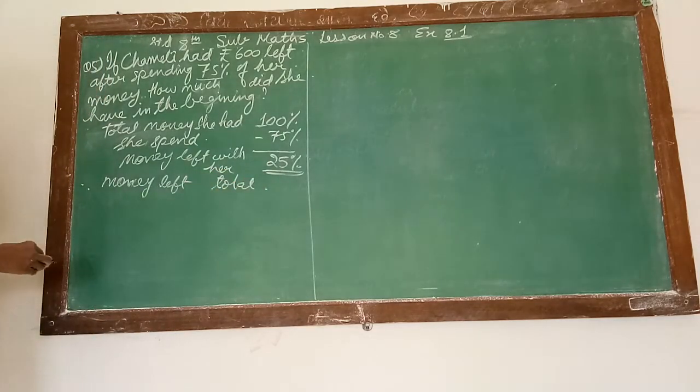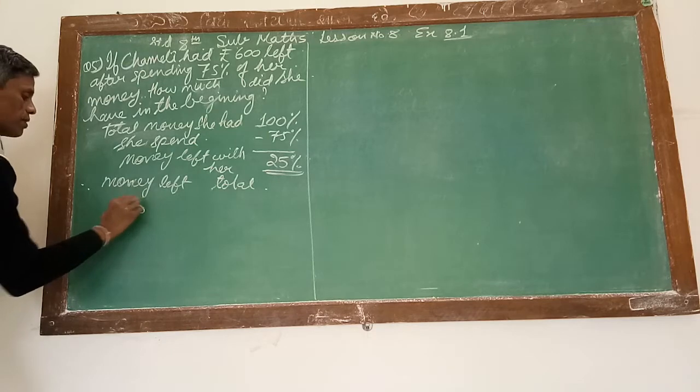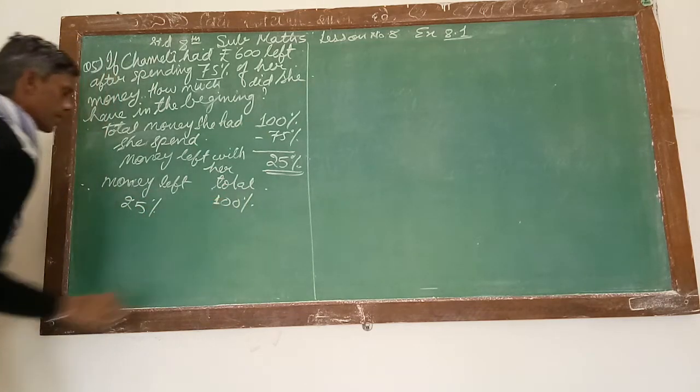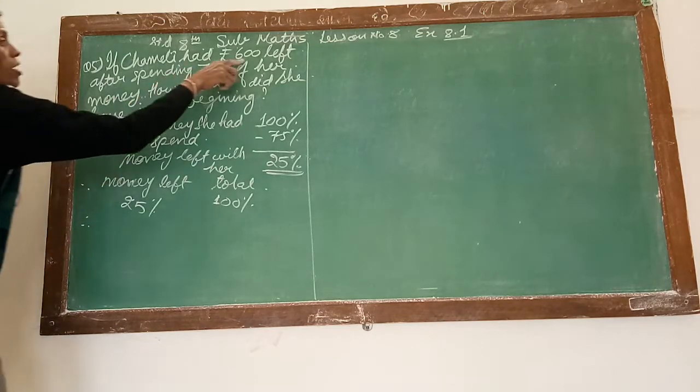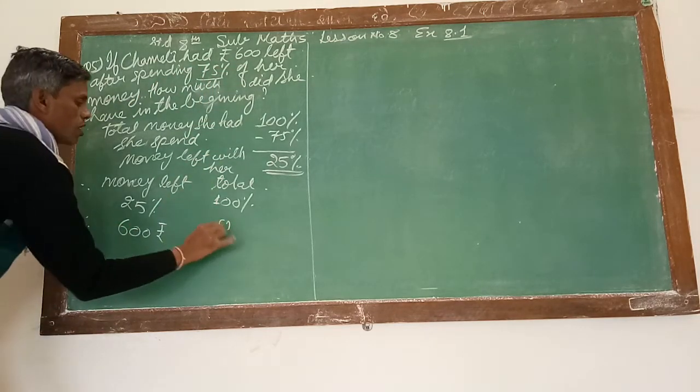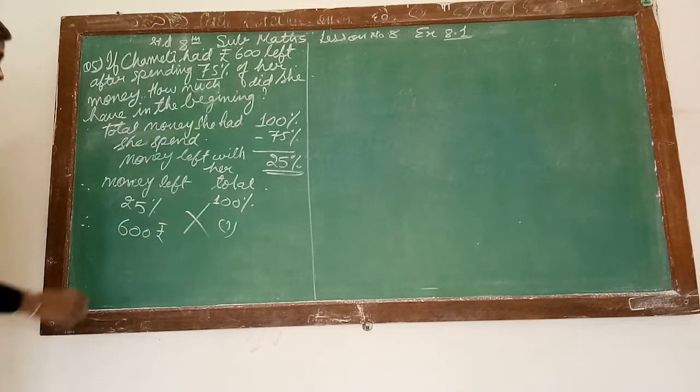We calculate how much money is left. Here 25% is left out of the total 100. So how much money is left with her? 600 rupees is left. So how much is the total money?